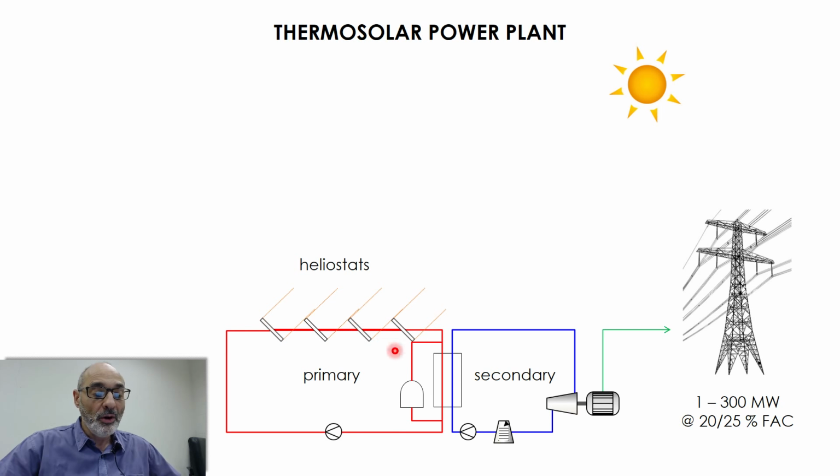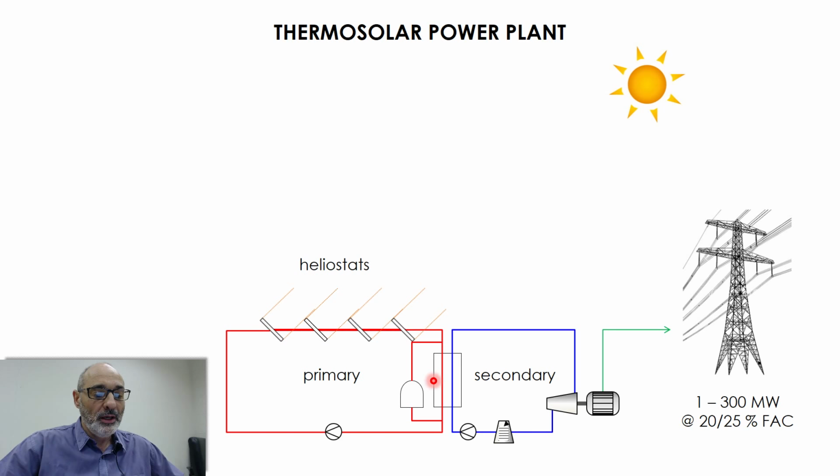You also have a storage system here. We're going to detail this further on. Part of the heated working liquid you can store in a reservoir, for instance, and part you can use to supply heat to the secondary.